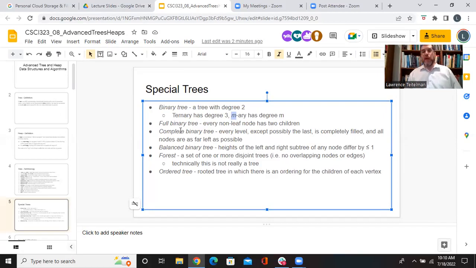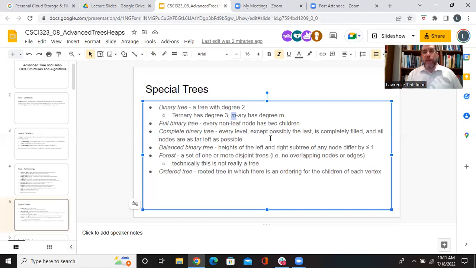But we can define roughly the same a little bit more scientifically. It means that for any given node, I look at the subtrees, whatever I have on the left and whatever on the right, I calculate their height. You can do a recursive function for that, and I take the difference, and it's going to be less than or equal to 1.